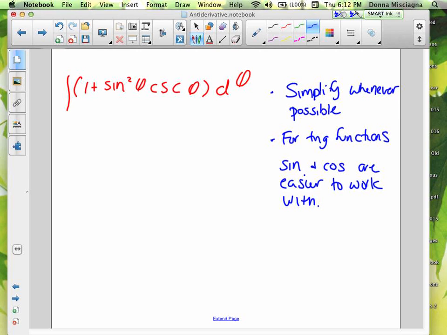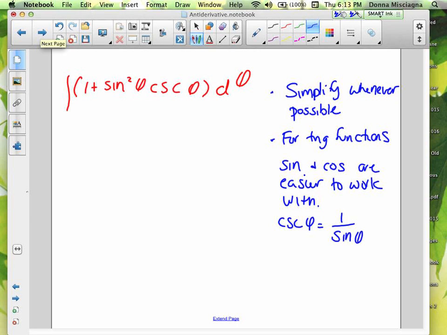So I'm going to change that cosecant theta there. Okay, so cosecant theta is the reciprocal, not inverse, reciprocal of sine theta. So I can replace cosecant theta with a 1 over sine theta.